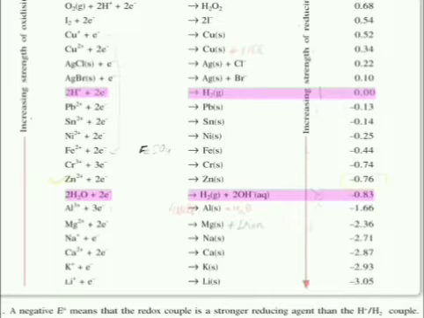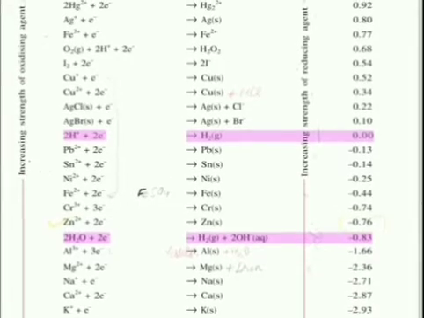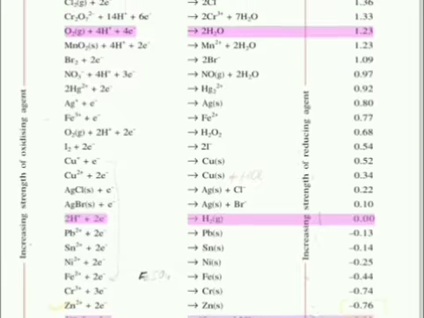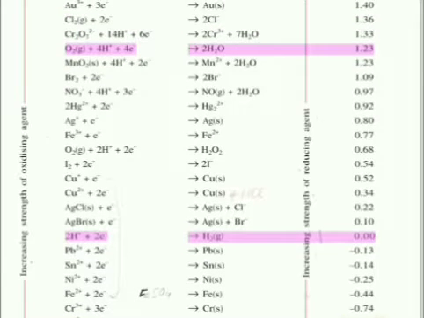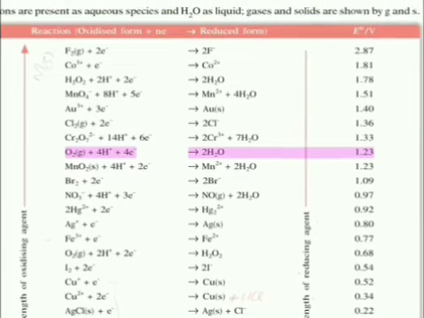And on the upward side of the hydrogen are the metals with positive reduction potentials, and at the top there is fluorine which is having the highest reduction potential.